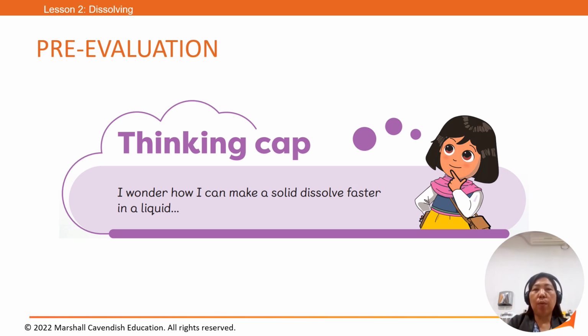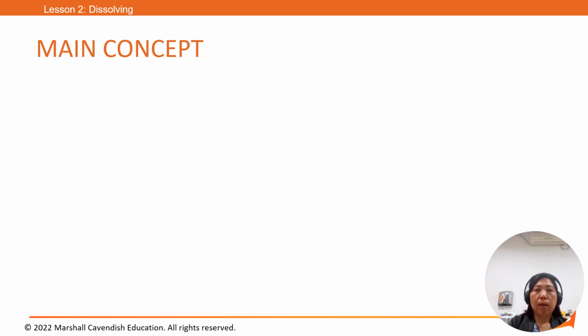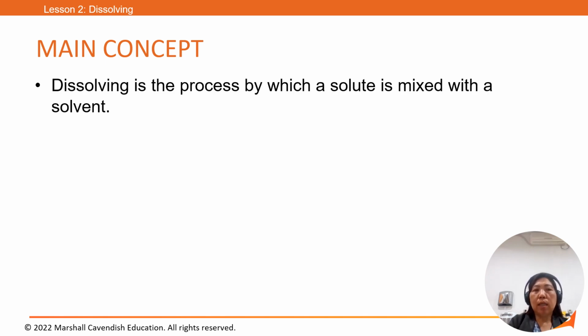Now, you might be aware that using hot water or stirring the liquid can make a solid dissolve faster. So this might help you learn about the concepts. Let's continue. The main concept of lesson 2 is that dissolving is the process by which a solute is mixed with a solvent.